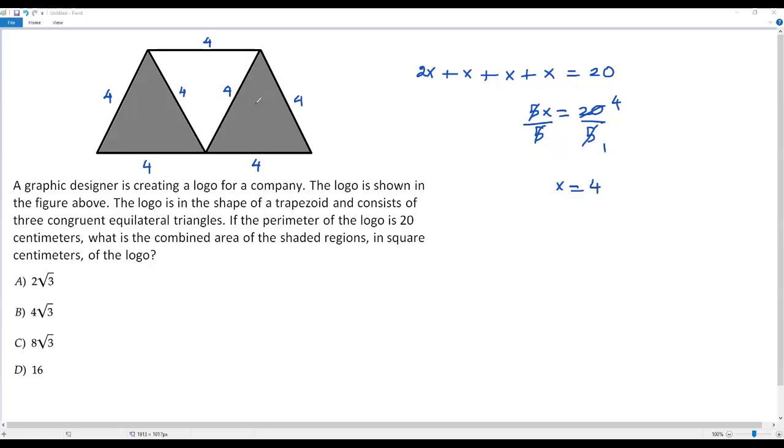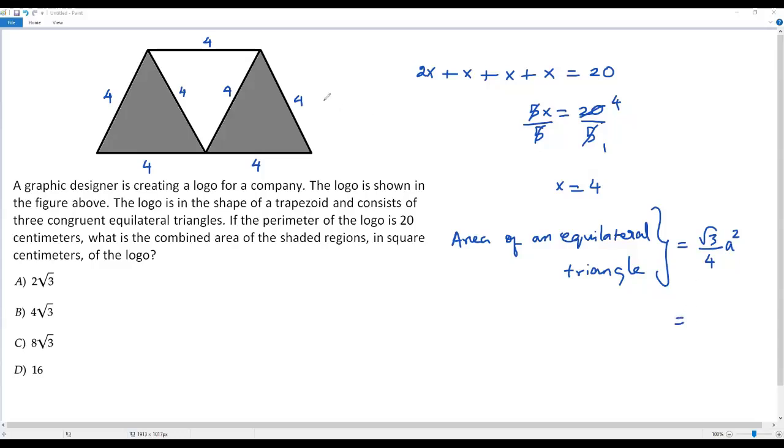Now my first job is to get the area of this equilateral triangle, which is the first shaded region. There is a formula for the area of an equilateral triangle: square root of 3 over 4 times a squared. This a represents the length of each side of the equilateral triangle.